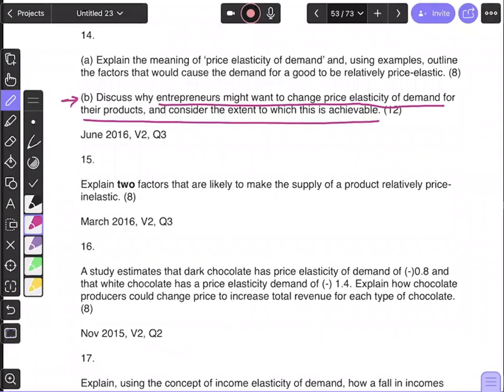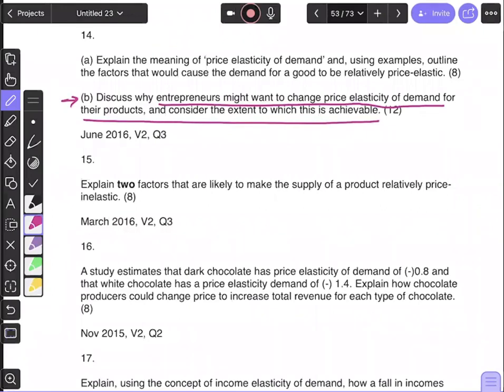Make sense, guys? Number two is, when they do change the PED of a good, how much is their ability to change the PED of a good? Okay, so that's a good question to prepare for.